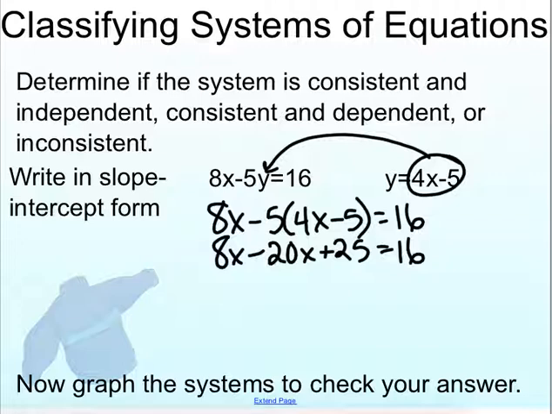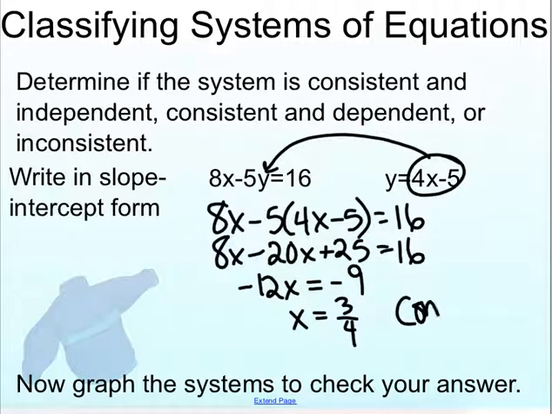Combine like terms and we get negative 12x, and I'll subtract 25 on each side, equals a negative 9, so x equals 3/4. Which means if I have a value for x, these are consistent and independent, because I could plug it back in, find our y value, meaning we have one and only one solution.